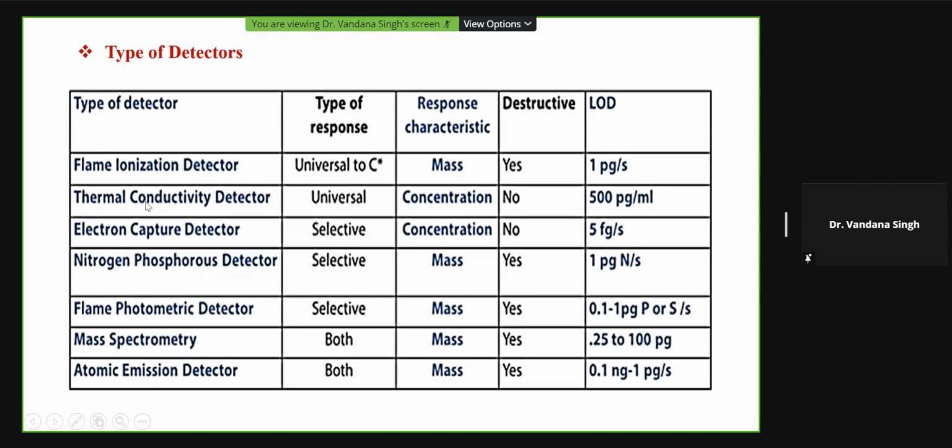Now the thermal conductivity detectors are based on the change in the thermal conductivity of the analyte, and they are concentration dependent, and the lower limit that can be detected through these detectors is around 500 picograms per ml.